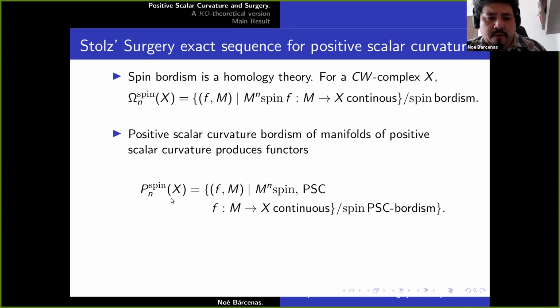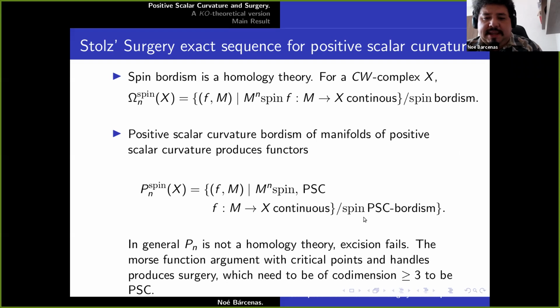It will give you groups which are given by generators consisting of a spin manifold of a certain dimension, with the condition that you have a metric of positive scalar curvature on the manifold, and then we put a spin Bordism where the manifold which gives the Bordism gives the positive scalar curvature Bordism. And then this is not a homology theory, as I told you.